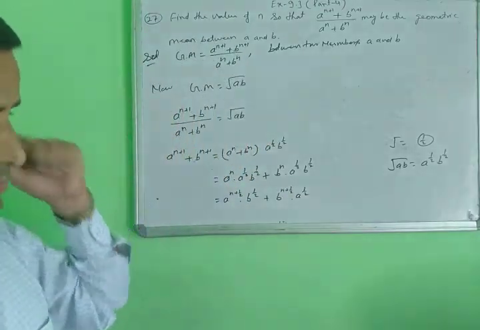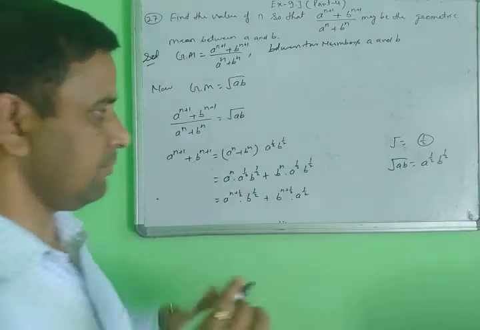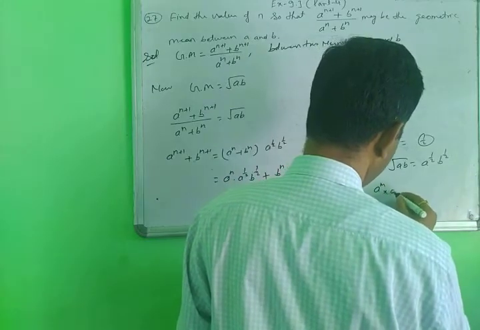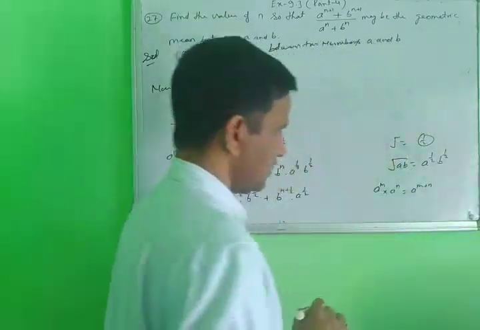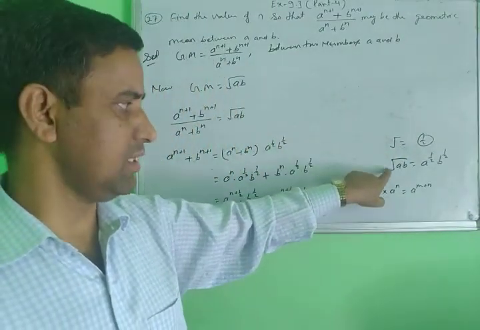Because here both bases are the same. When the bases are the same, this identity applies: a^m into a^n equals a^(m+n). This is the law of exponents.